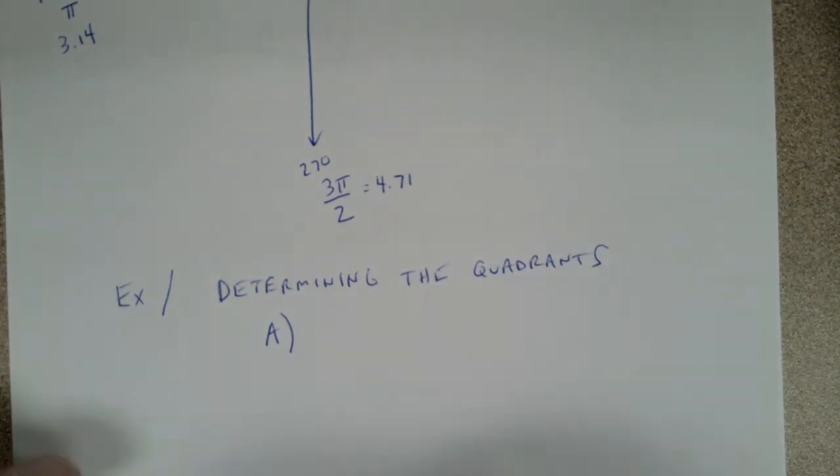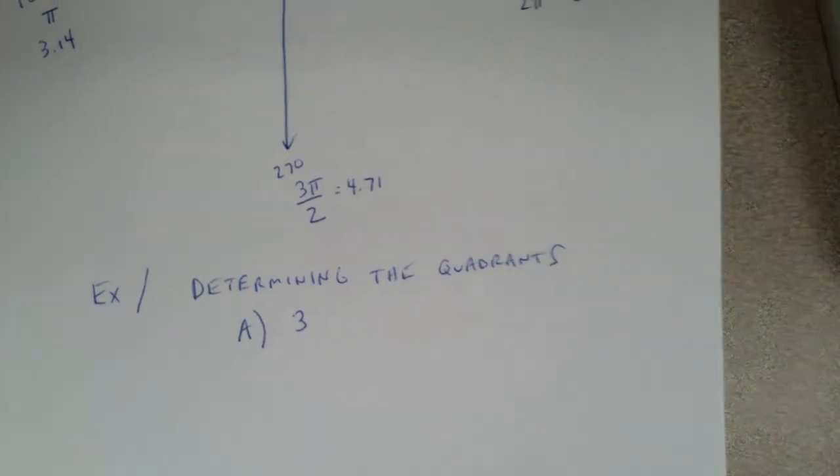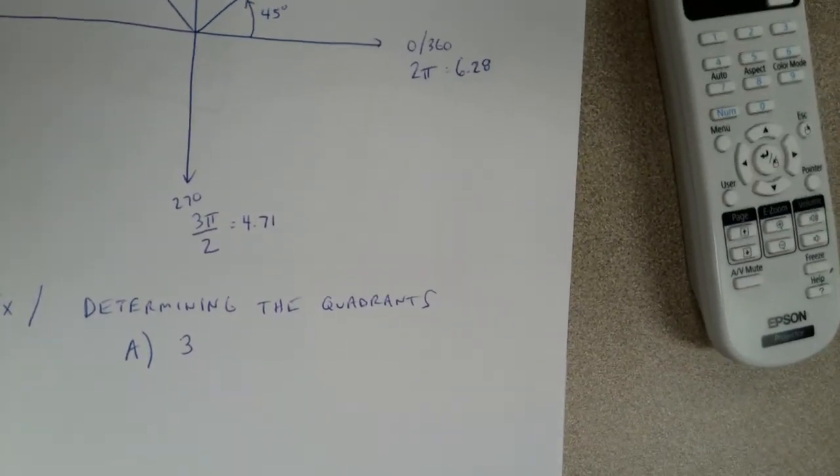If I said, what quadrant would a radian of 3 be in, in other words, where would that lie?